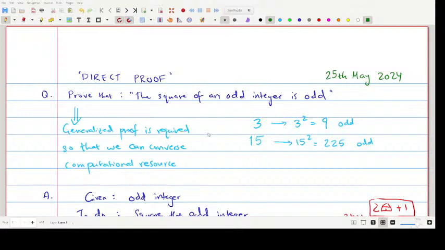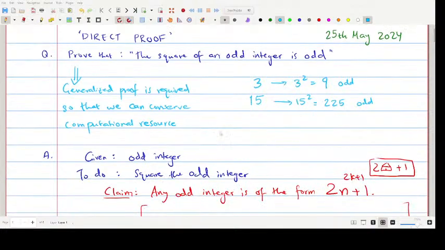And this kind of generalized proof is important because we can conserve our computing resources. It can be time, it can be space, whatever.